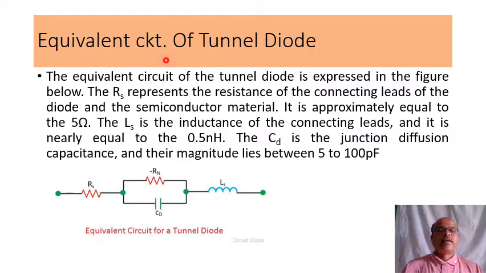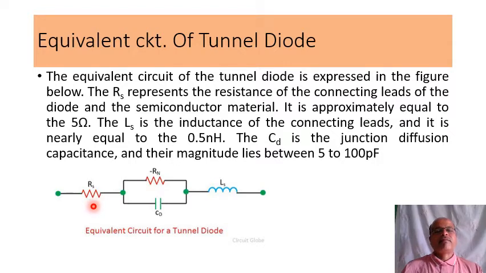The next is the equivalent circuit of the tunnel diode, as shown in this diagram. RS represents the resistance of the connecting leads of the diode and the semiconductor material, approximately equal to 5 ohm.